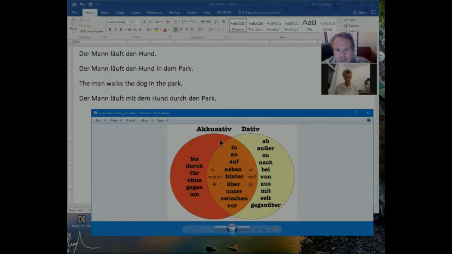In could be accusative or dative, but as we just observed, Park is the indirect object. You can say der Mann läuft den Hund, but you can't say der Mann läuft den Park. So this must be the indirect object, so then in becomes dative. So that's what you have to look at second.